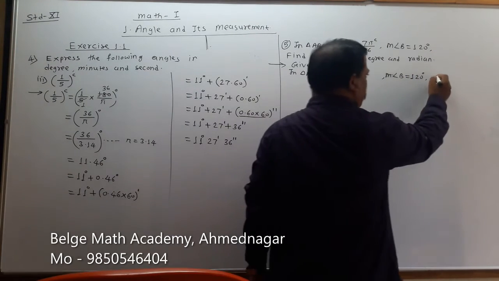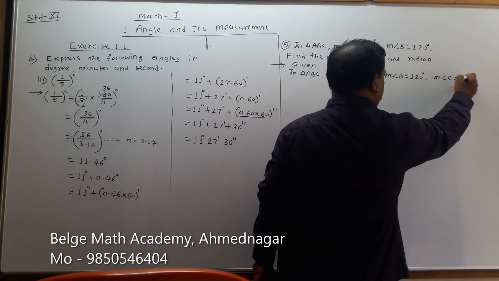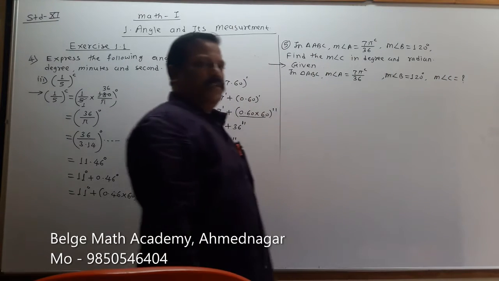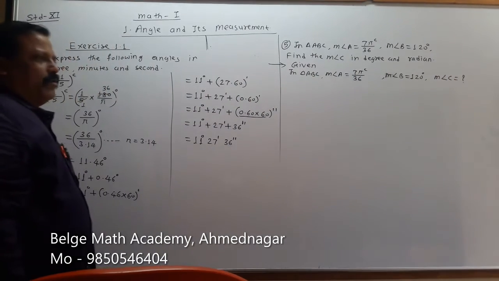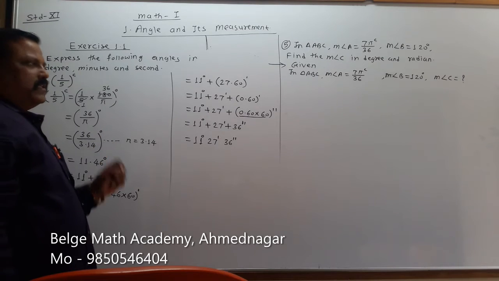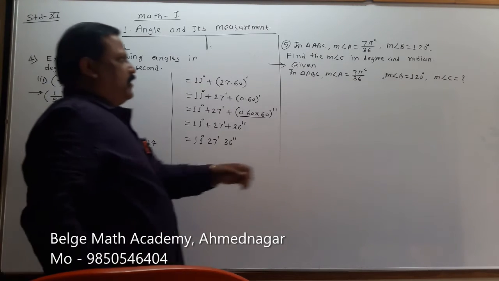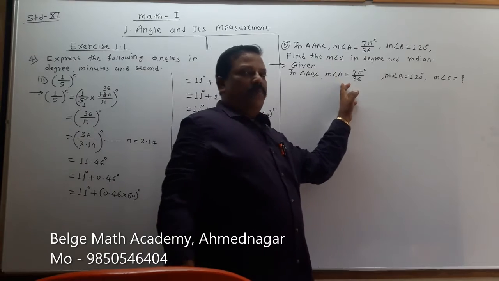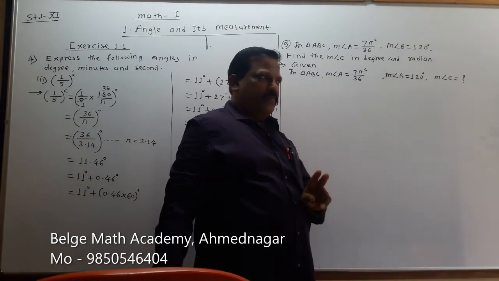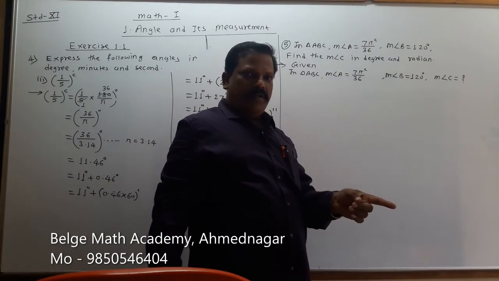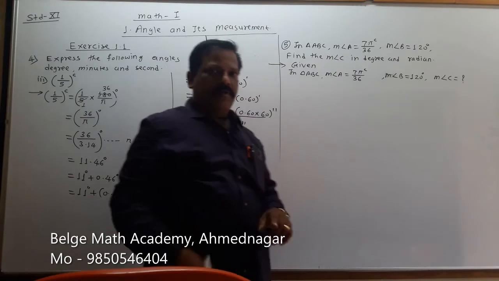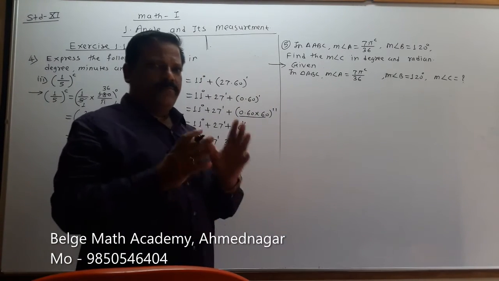We calculate the measurement of angle C. To solve this example, these measurements may be converted into the same unit, maybe radian measurements or maybe degree measurements. So it is a simple process.